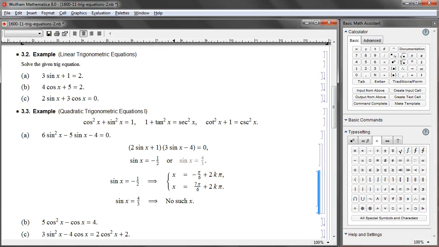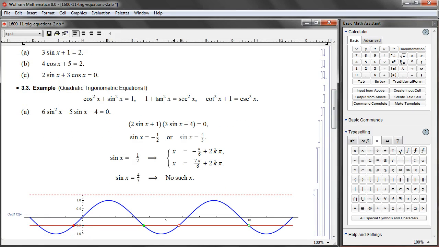Let's see, do we have justification? Well, here we go. We have two solutions here, the green solution and the red solution. The red solution on the left-hand side of the y-axis is actually -pi over 6. And then this hollow red one, the third solution, on the right-hand side of this green dot, is actually 11 pi over 6.